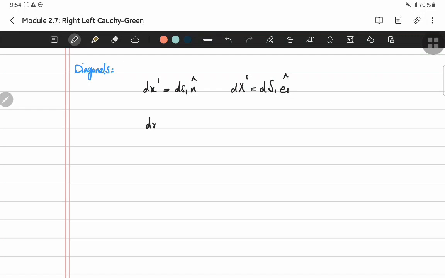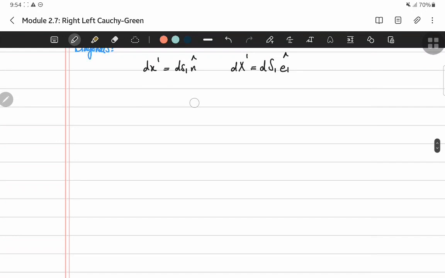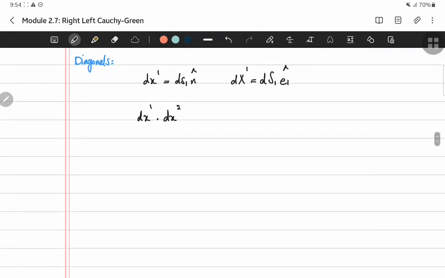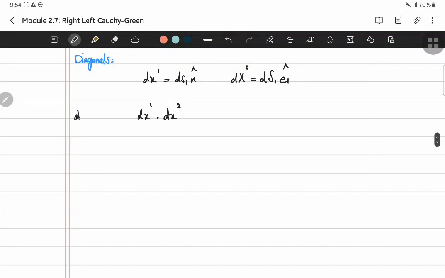And you also know that dx is equal to F d capital X. So in order to find out dx1 dot dx2, for the diagonals I have dx2 equal to dx1, and of course d capital X2 equal to d capital X1.